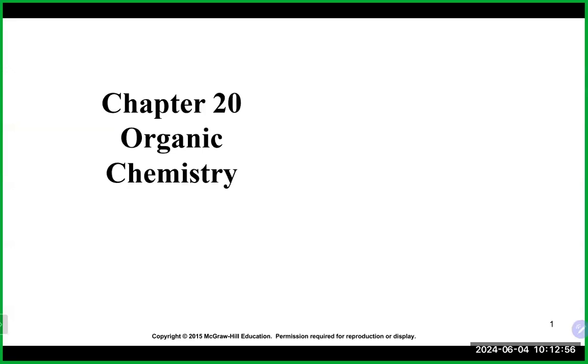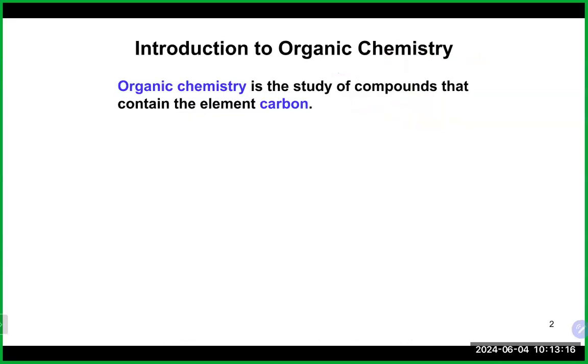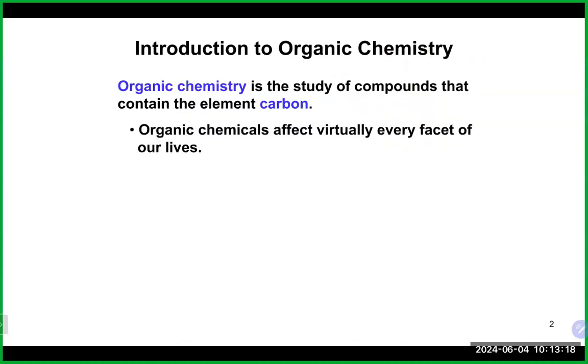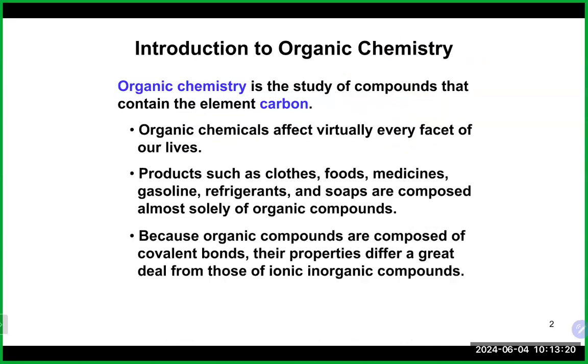All right, so organic chemistry. If you pick up any organic book, this is usually the first sentence: the study of carbon compounds. Organic chemistry is the study of carbon and carbon-based compounds, compounds that contain carbon.